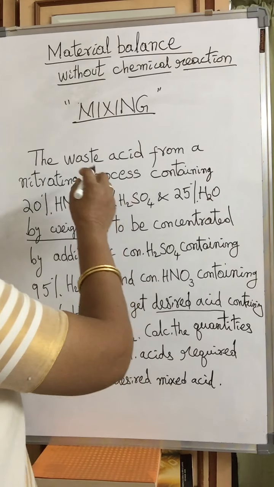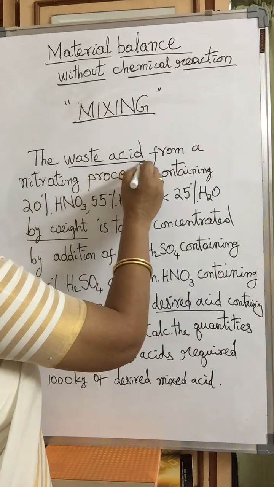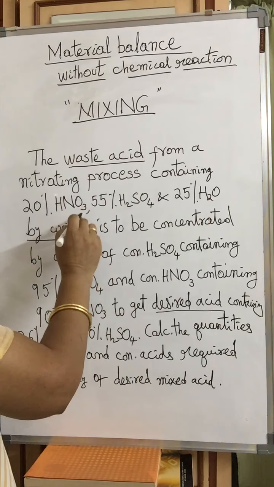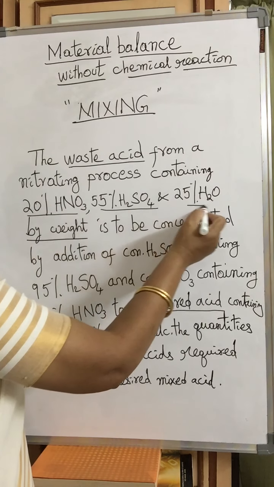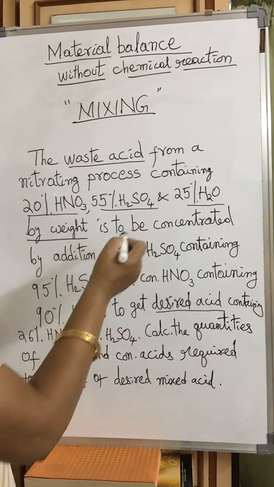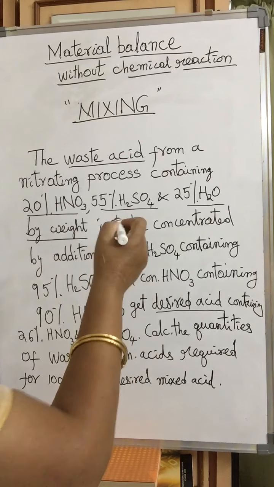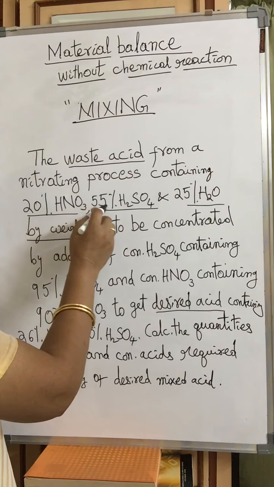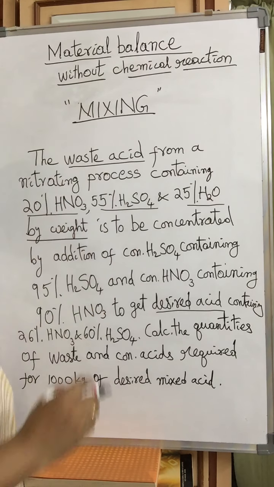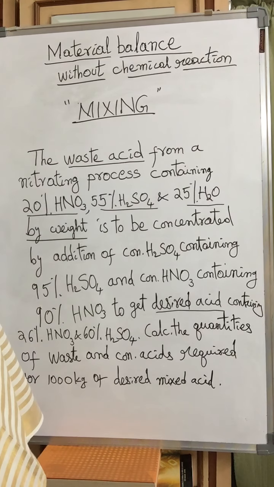Here we are reading the term waste acid. It contains three components, actually two components, the rest is water. So 20% HNO3, 55% H2SO4, they are saying waste acid. Actually nothing is waste strictly speaking.